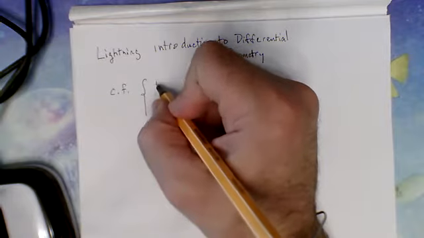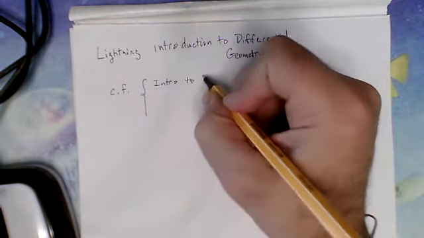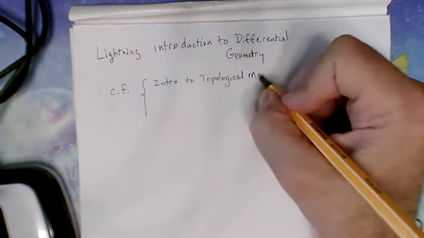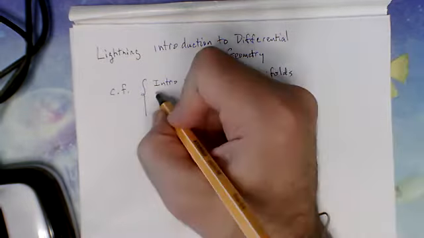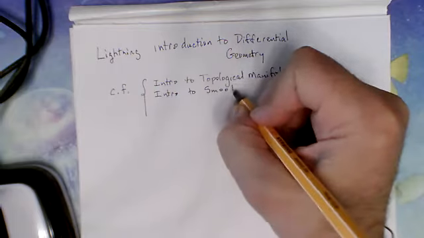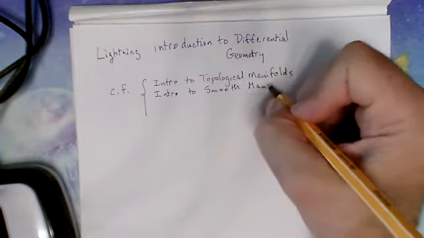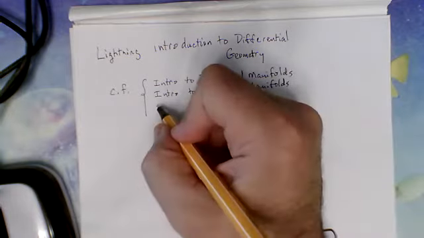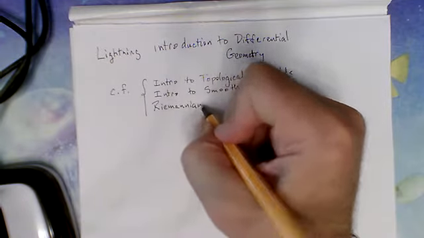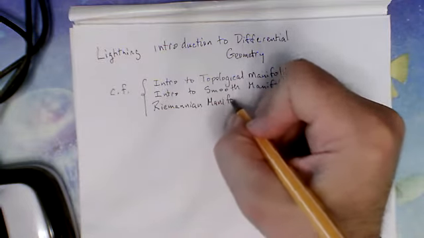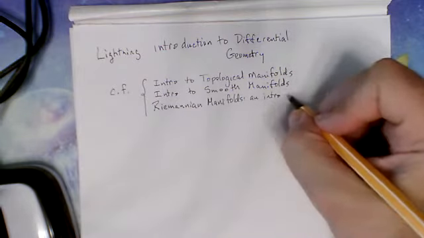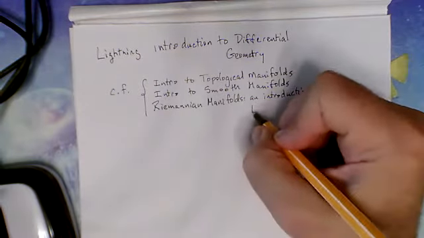There's an introduction to topological manifolds, an introduction to smooth manifolds, and a 3rd book called Riemannian Manifolds: an Introduction to Curvature.